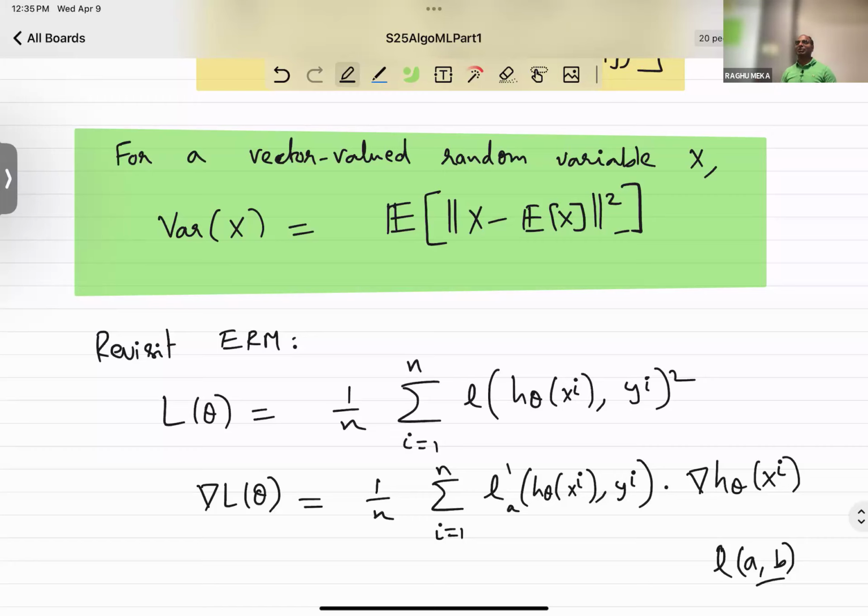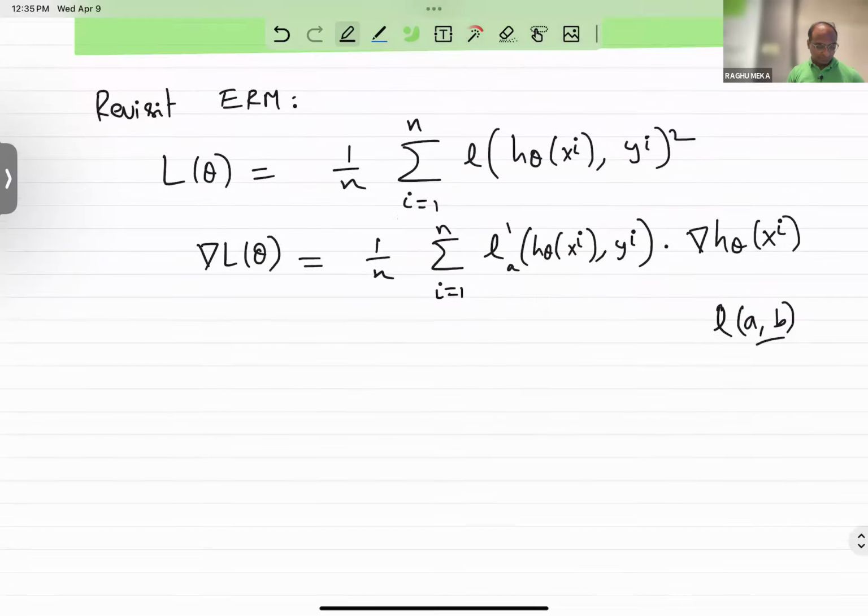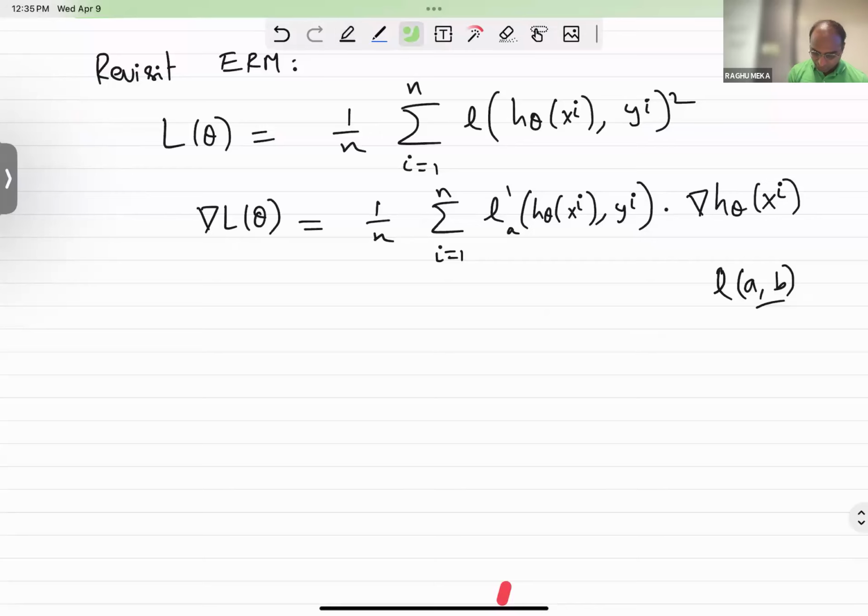Well, you can come up with many estimators, but one simple estimator, which is very useful, is this: we really have 1/n times a sum over n sample points. So one estimator is to just pick a point at random.